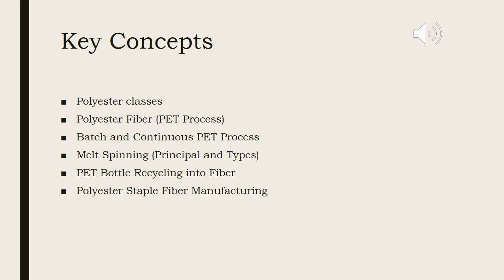Key concepts for lecture 11 of organic based industries include different classes of polyester, polyester fiber through PET process, batch and continuous PET process, principal and different types of melt spinning, PET bottle recycling into polyester fiber, and polyester staple fiber manufacturing.